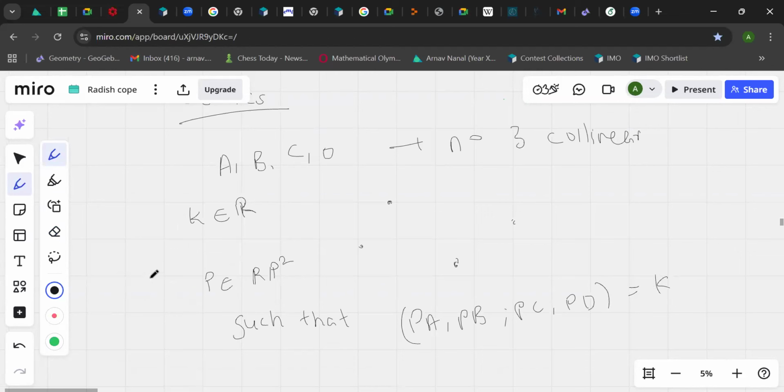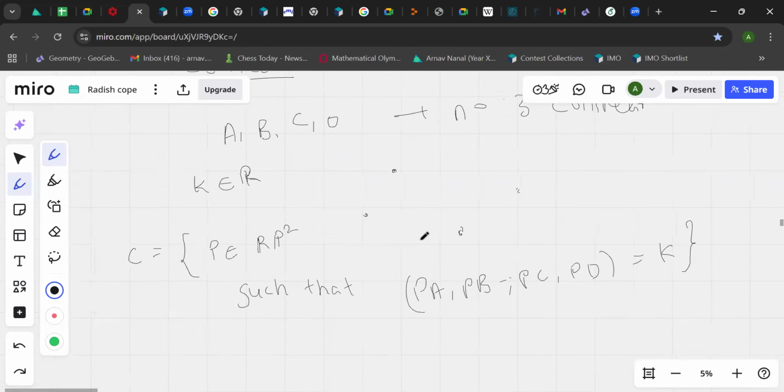This conic is the set of points P such that this holds. Is it clear how we are defining the conic?